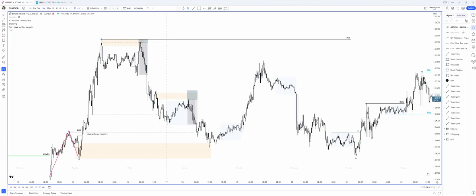It's coming down from here to here, and this is the lowest point, and then maybe the breakup structure, and then that will have some QM. So this QM, and then maybe here another QM, and then we will have the internal range liquidity, something like this, and continuation.